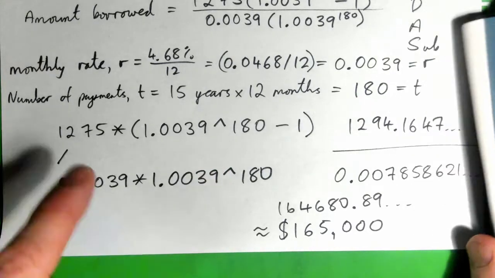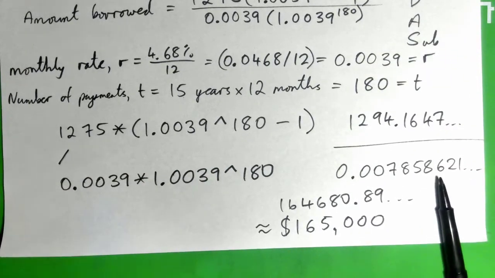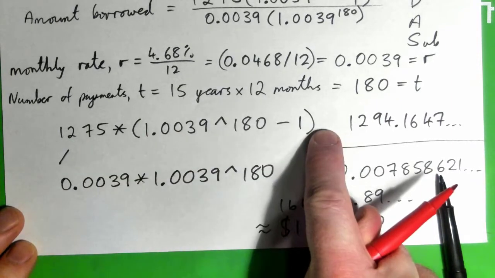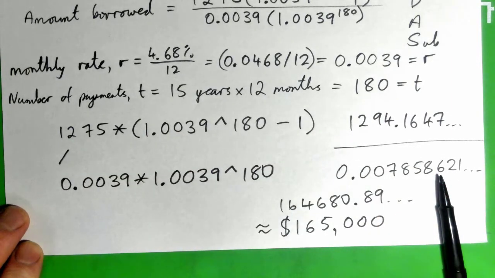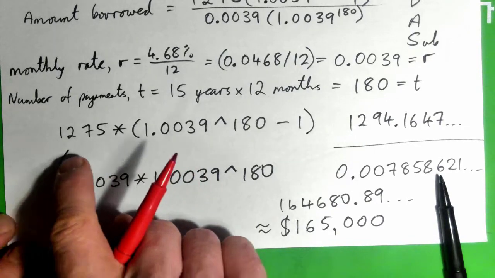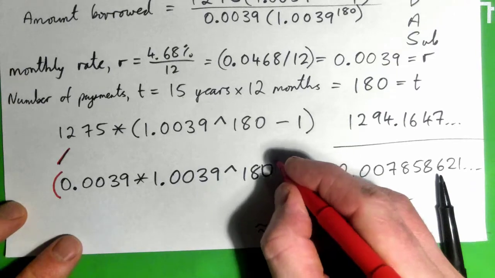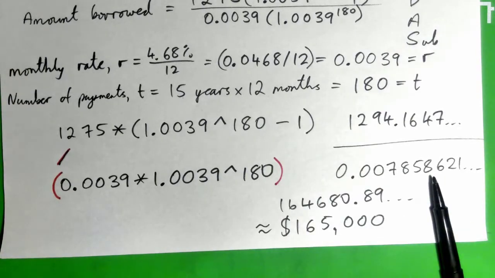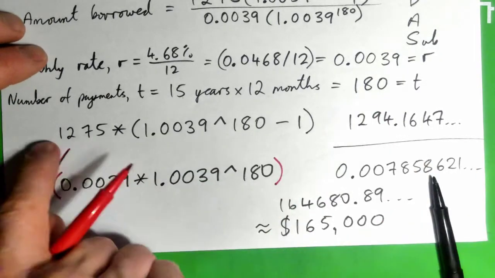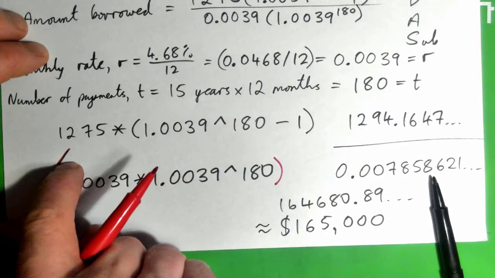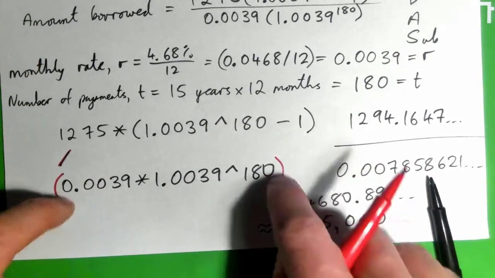Like if you want to do this entire calculation at once, you kind of plug this into your calculator, right? And then you go divide, but just make sure you put parentheses around the bottom, because you're telling the calculator, go from left to right, calculate the top, then divide by all of this. But you have to tell the calculator to say, hey, put parentheses around that.